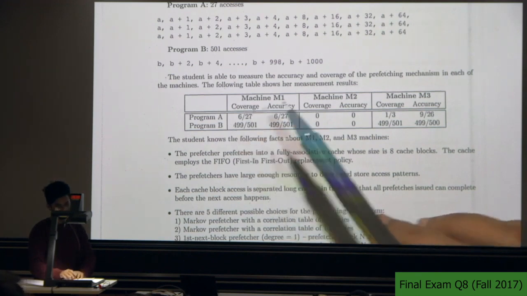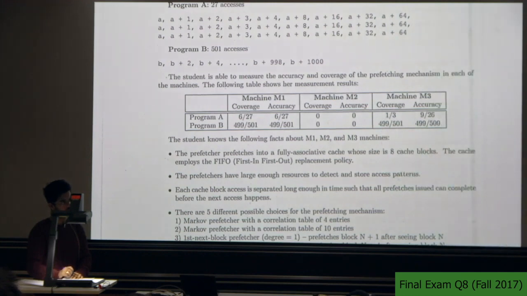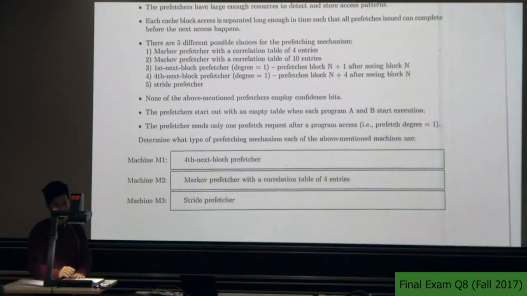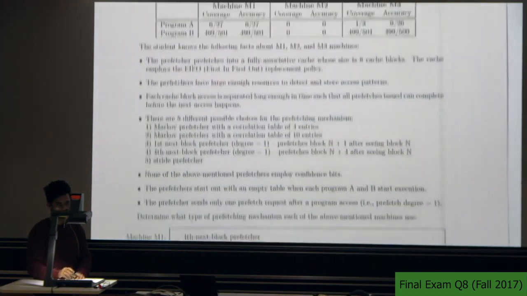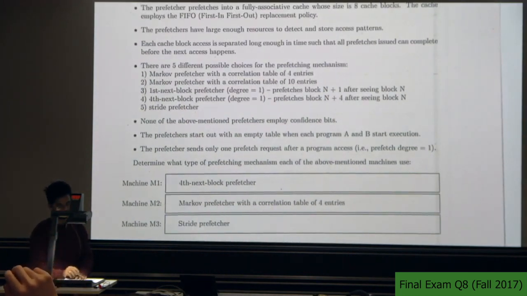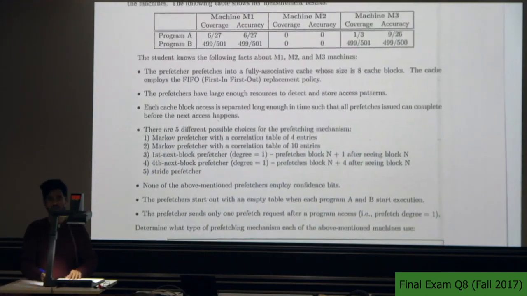But as we have seen that program A has a different property, we can simply go and check which one fits best, and that essentially ends up here. So machine 2, everything is 0, that means it's most likely the Markov prefetcher. So yeah, Markov prefetcher, it's out. And then machine 1, it's the fourth next block, and machine 3 is the stride prefetcher. Make sense? Good.